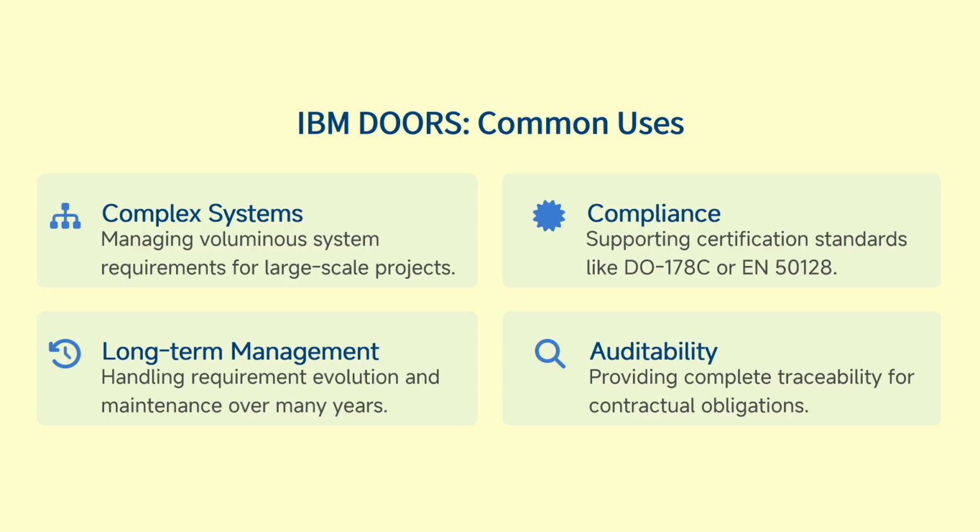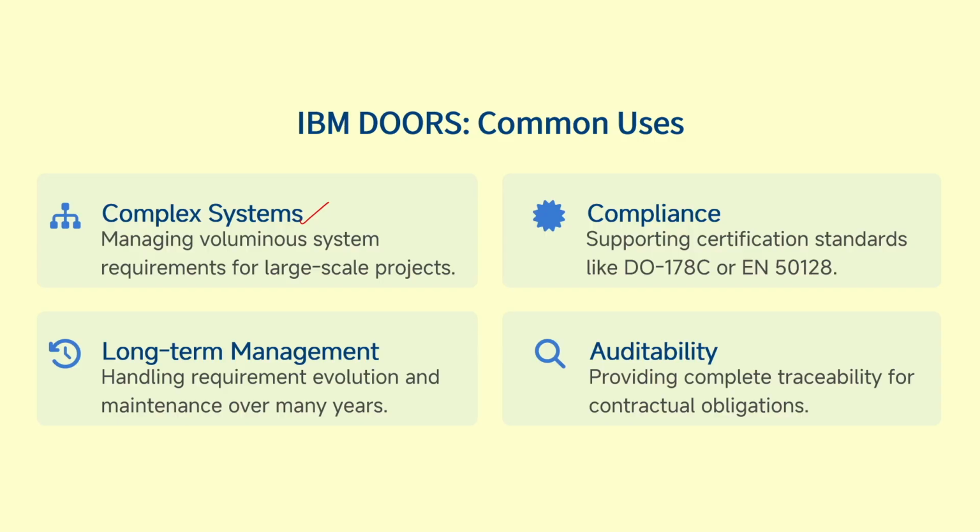The common uses for IBM DOORS are mainly complex systems, managing voluminous system requirements for large scale projects, and mission critical projects, as we have learned. Next is long term management, handling requirement evolution and maintenance over many years. This is a very important aspect, because if it is a very big project, it may not close in a short time.